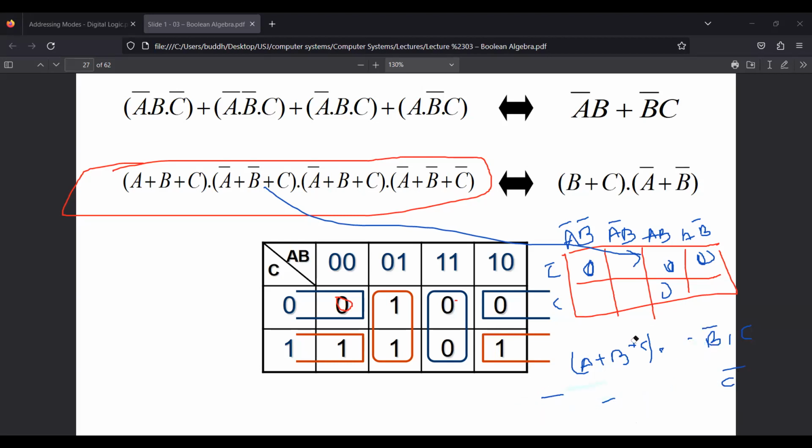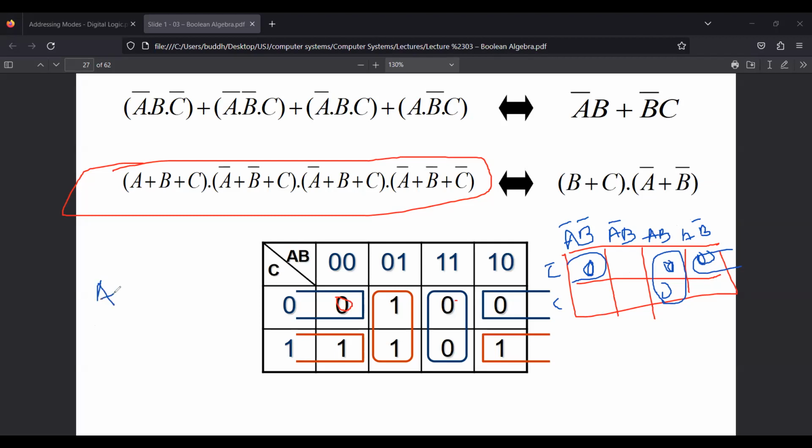So how can we simplify it? First we need to group them. So this is a particular group, and this is also a particular group. So there are two groups. In this group, the unchanging variables are A and B, and the corresponding value is A B. Since it is 0, we need to negate that.